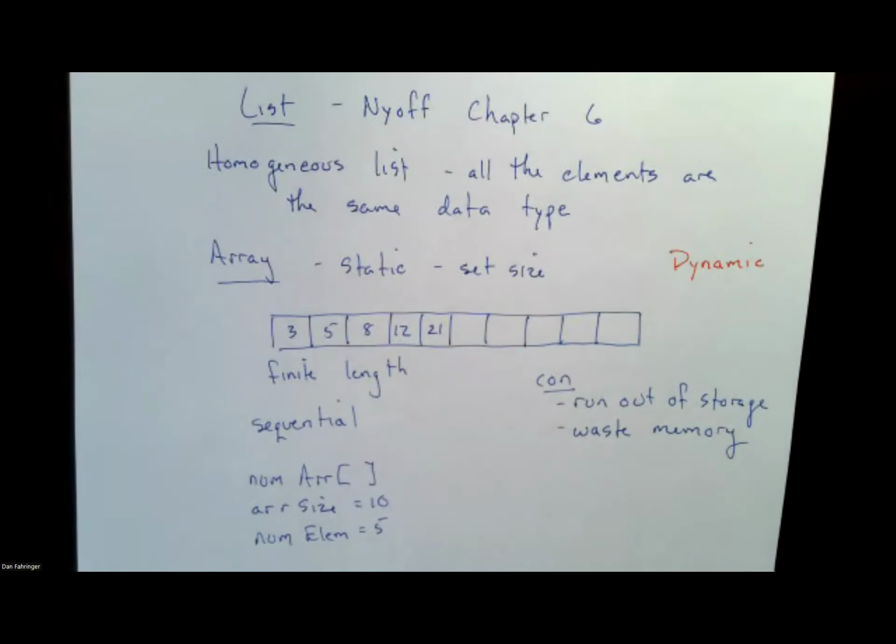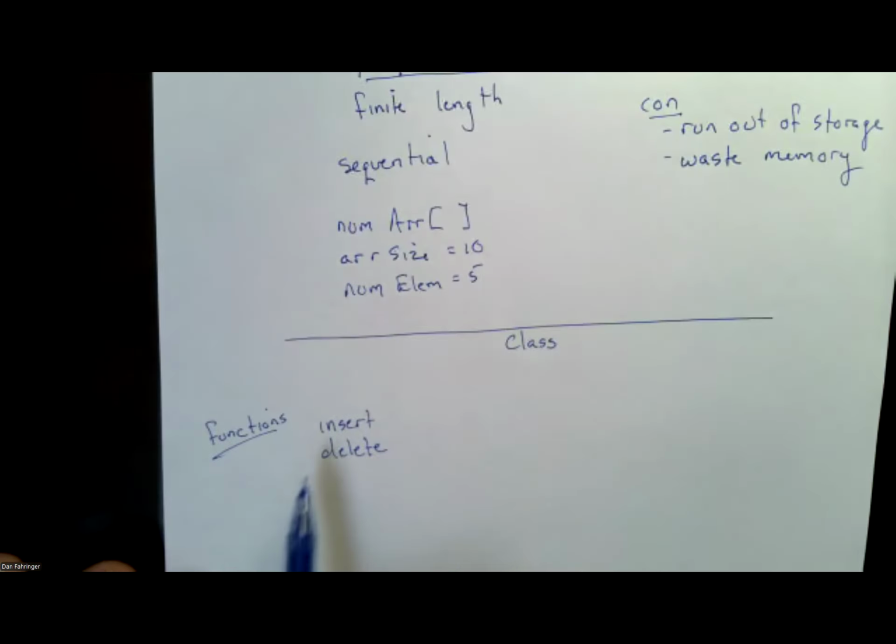What else might I want to do to this array? Would sorting be one? Possibly. We're going to assume it's a sorted array to work with, but I'm not saying there's not going to come a time when we create a class and one of the functions is going to be sort, because we're going to talk a lot about sorts down the road.